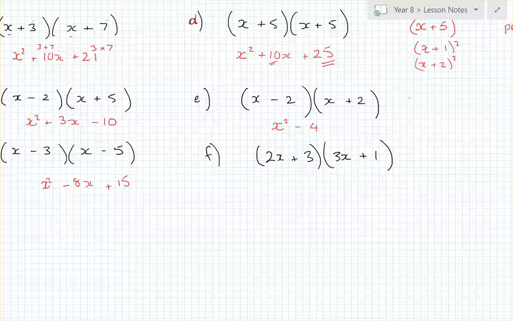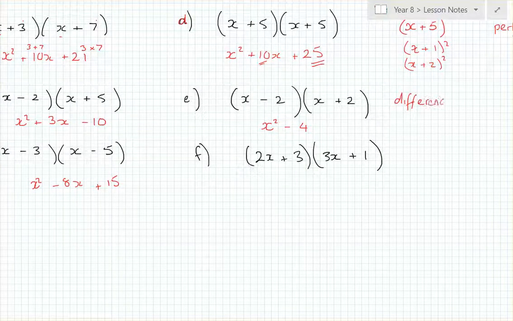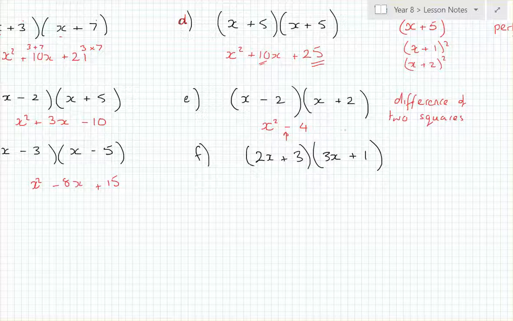Now this one is called, and maybe you'll understand why, the difference of two squares. Do you understand why? Yeah. Difference because of the subtraction. x squared is a square, and 4 is a square number.